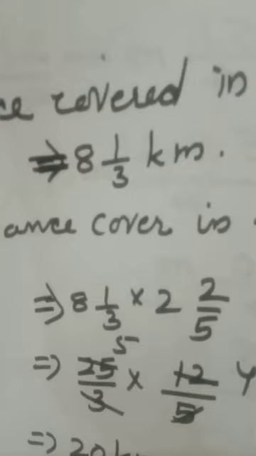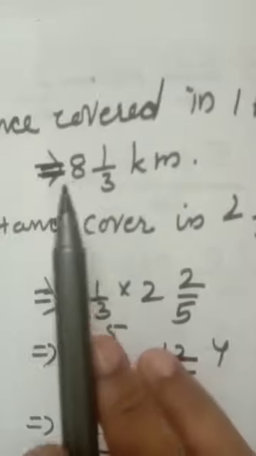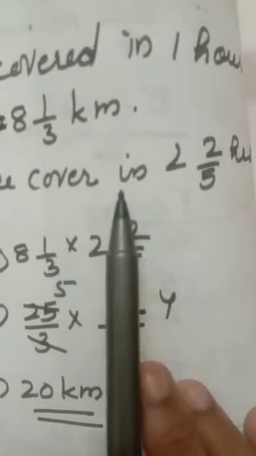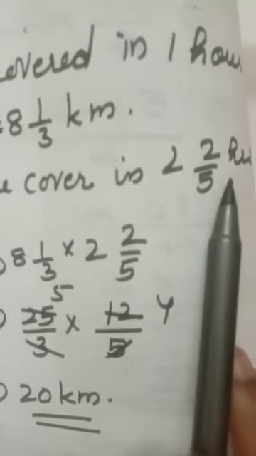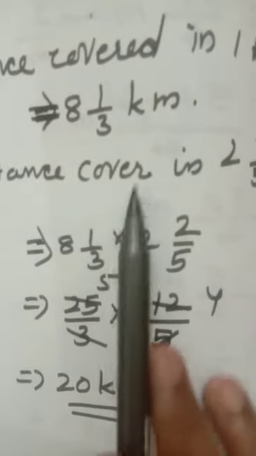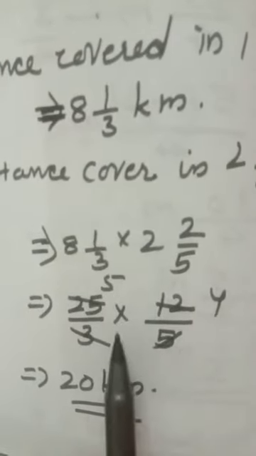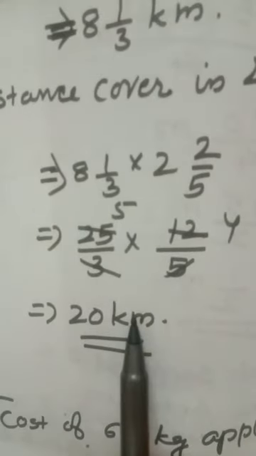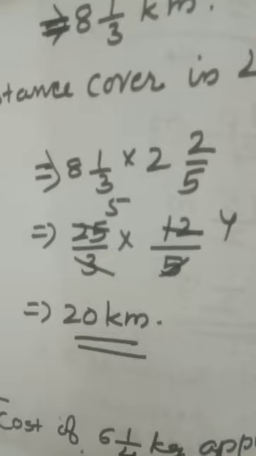Distance covered in 1 hour is 8 and 1/3 kilometer. Then distance covered in 2 and 2/5 hours, how much? You have to multiply. Cut out, you will get 20 kilometer.